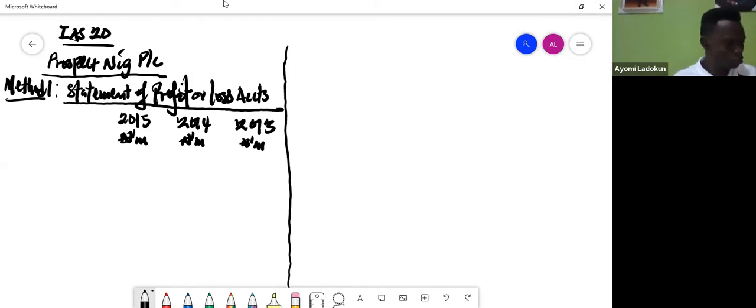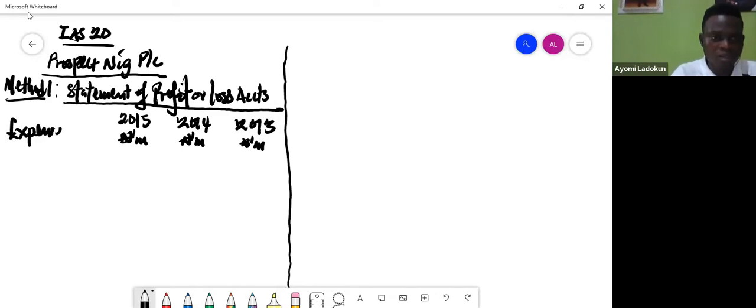Okay, here we go. So we needed 2 things here: the grant that was given and of course the cost of the assets. So the grant is 100 million, and the cost of the assets is actually 900 million. So in my income statement, I'm going to put up my expenses.